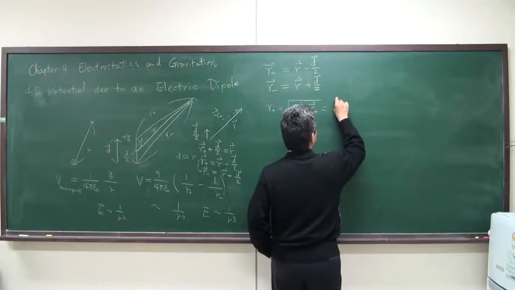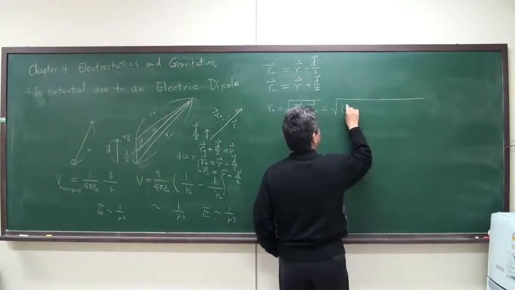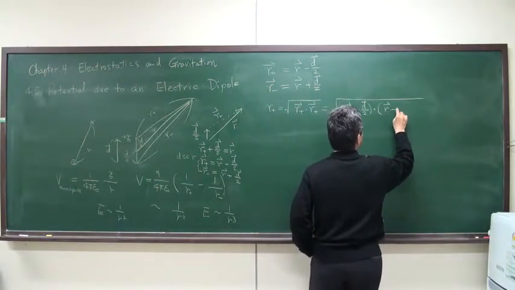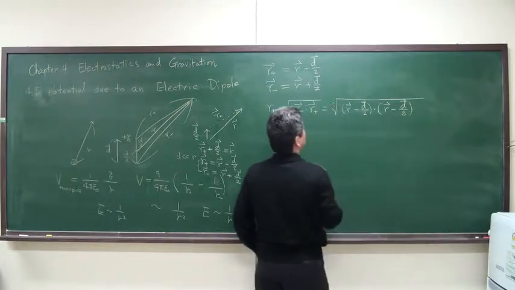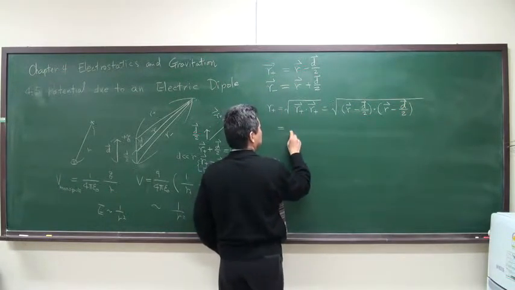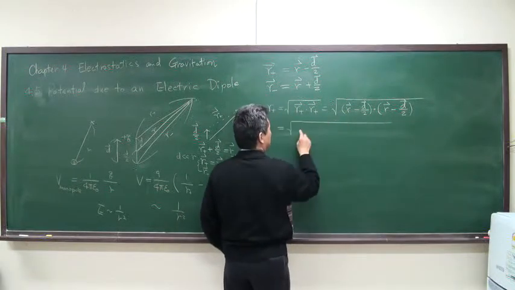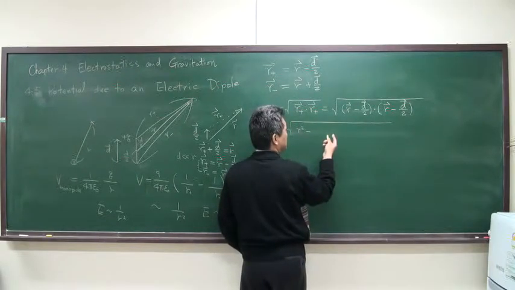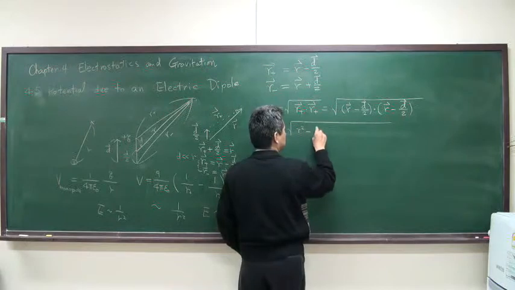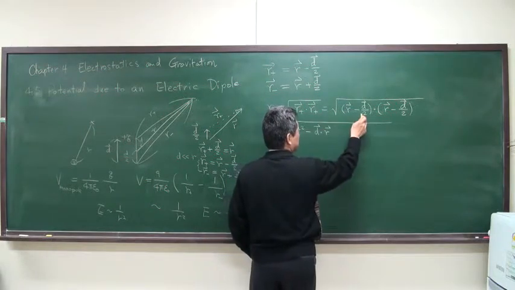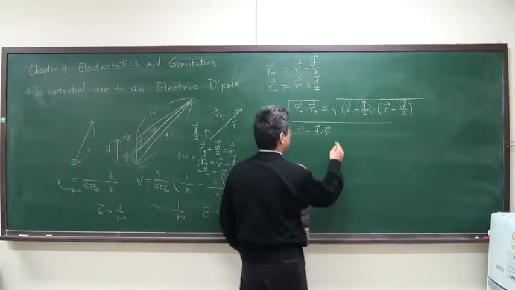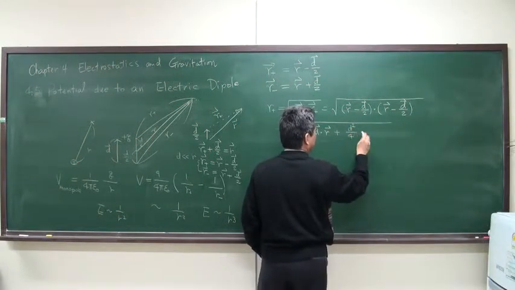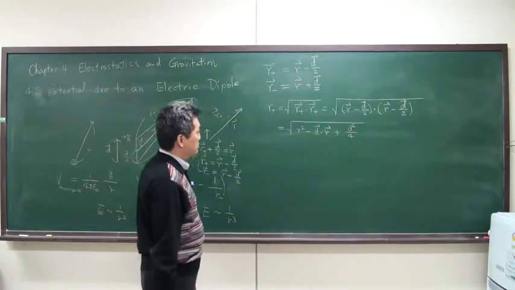So that is square root, so if we expand them, r squared minus 2 times d dot r, because 1/2, and we have d squared over 4, 1/4 of d squared.